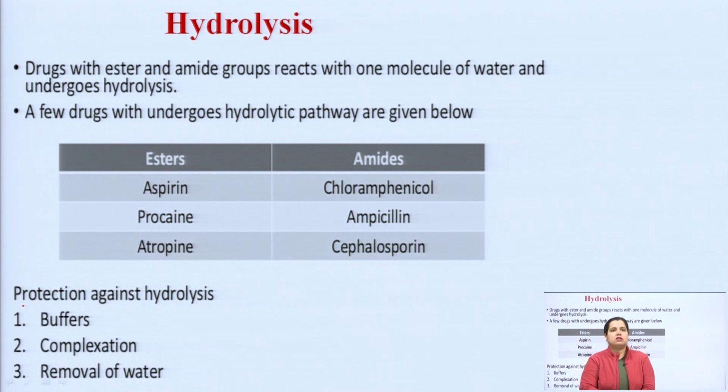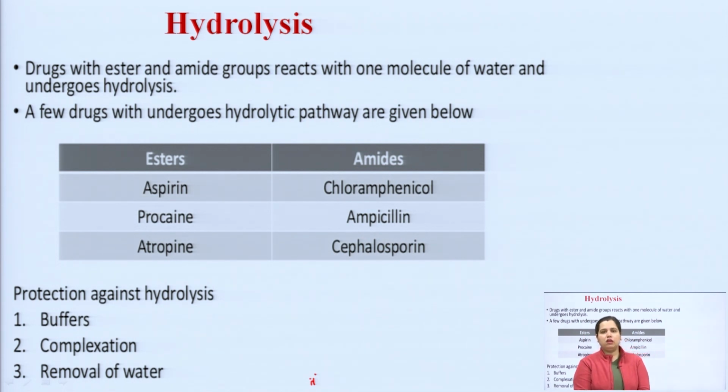First, hydrolysis. A drug with an ester or amide group reacts with one molecule of water and undergoes hydrolysis. Basically, hydrolysis means reaction with the water molecule. A few drugs that undergo the hydrolytic pathway are, in esters: aspirin, procaine, atropine. These are a few examples. Amides: chloramphenicol, ampicillin, cephalosporins.